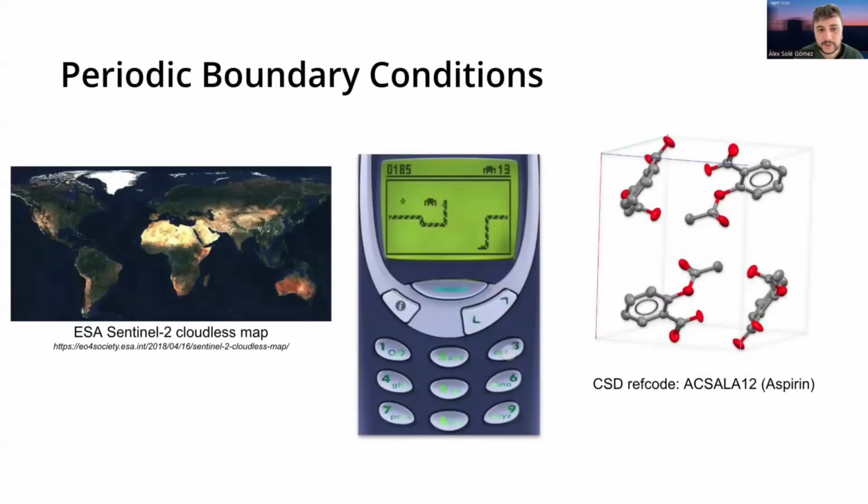I'm quite sure that everybody played Snake or Pac-Man, where basically if you left one corner of the screen, you entered from the other. This is quite common. Or for example, in image processing, if you want to process a map of the Earth, if you go away from Russia or Australia, you enter back into the American continent. So this is kind of the same.